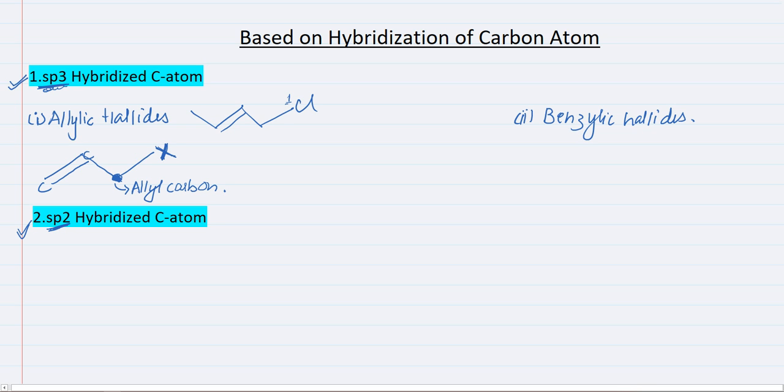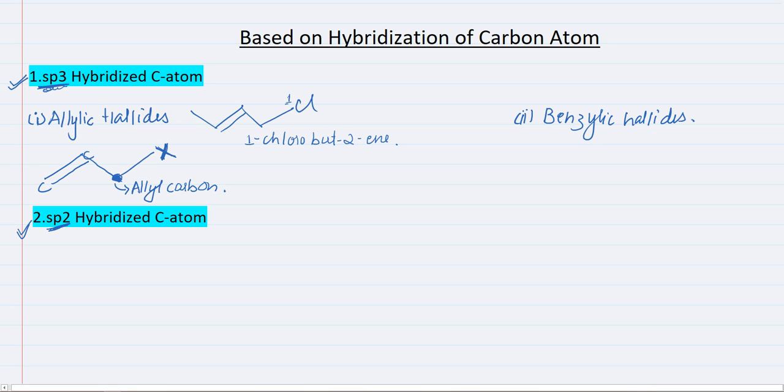Okay, moving on. Benzylic halides. What are benzylic halides? These are compounds containing halogen atoms bonded to sp3 hybridized carbon atom next to an aromatic ring. The main difference is the fact that these are your open chain structures and these are your closed chain structures, or your aromatic rings.